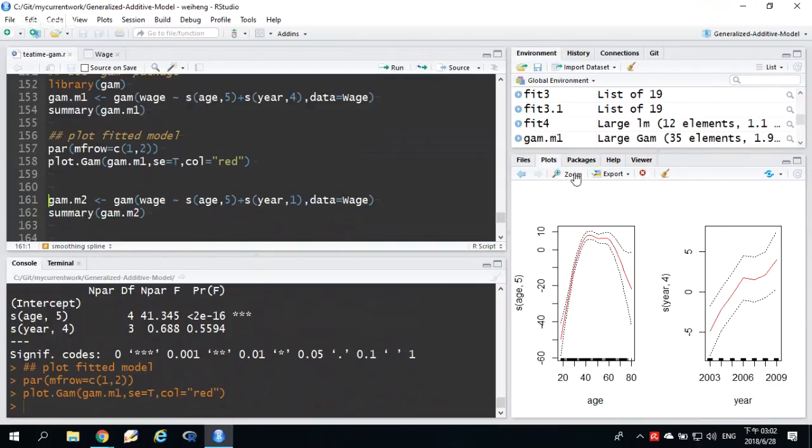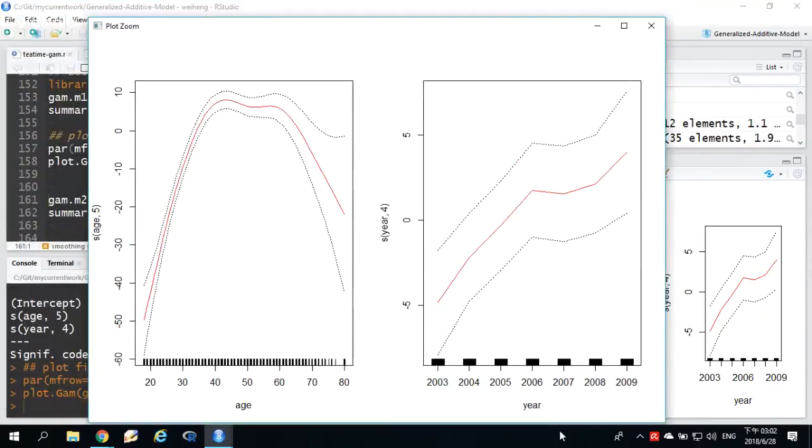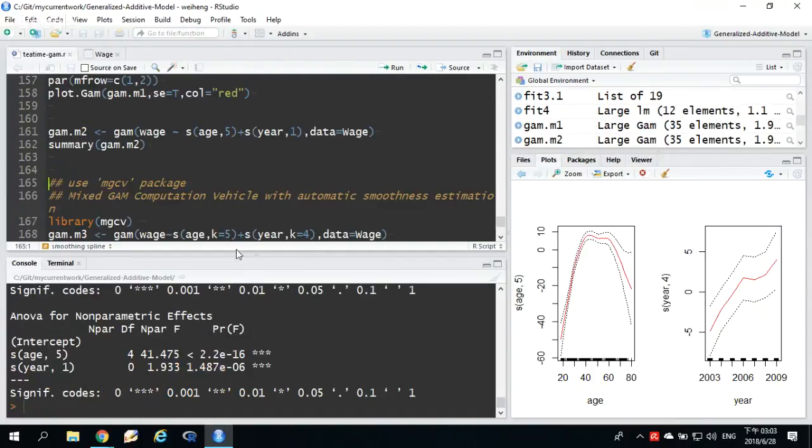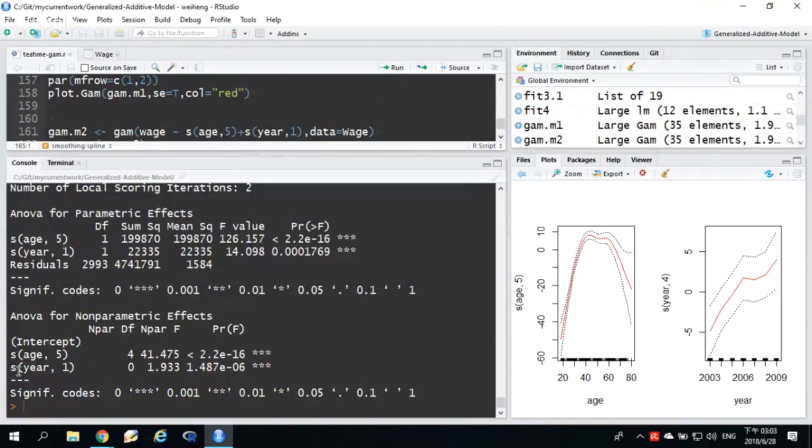We can find that for the linear predictor, it shows a kind of linear term. So maybe choosing df equal to 1 will be better. So I chose 1 here, and you can see the summary result. If you choose df equal to 1, it shows significant.